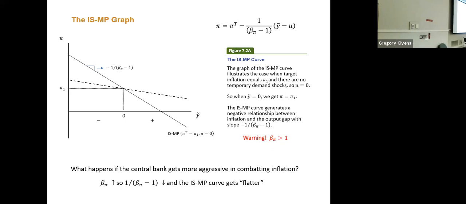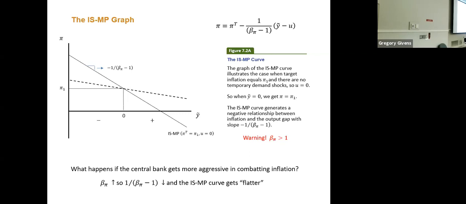And so a given increase in inflation is going to raise the nominal interest rate by a lot, which raises the real interest rate by a lot, which causes the output gap to go down by a lot, okay?